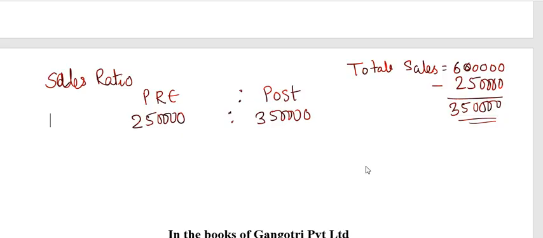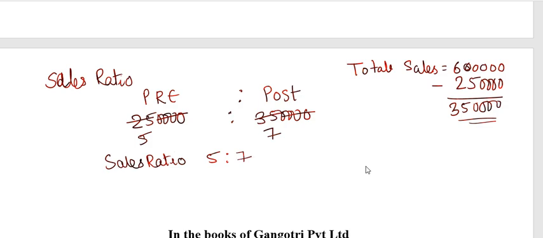Okay, so now find the sales ratio. 0 0 get cancelled, 5 5s are 25, 5 7s are 35. So sales ratio we get 5:7.